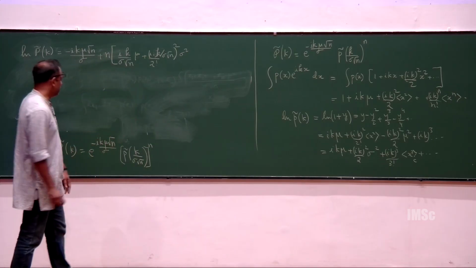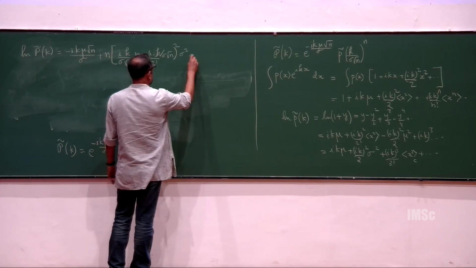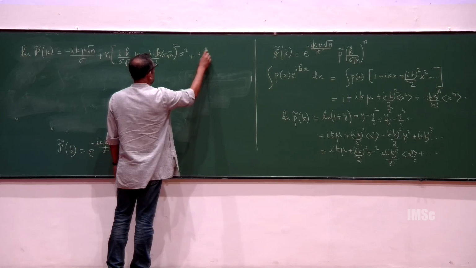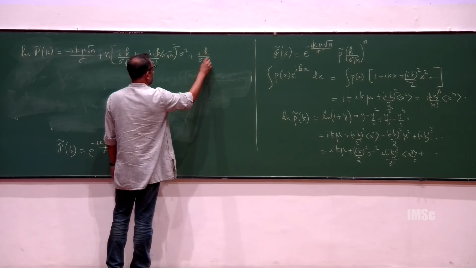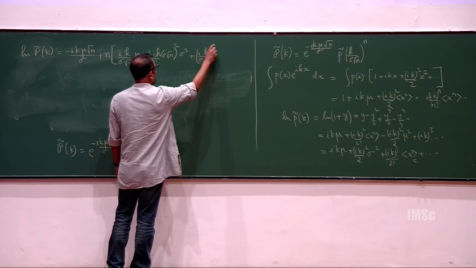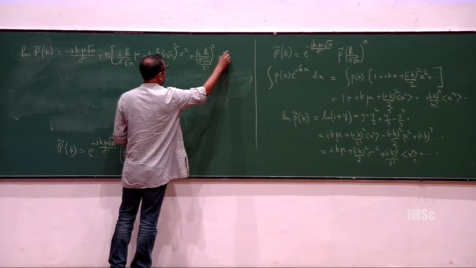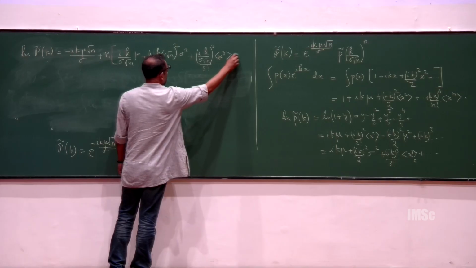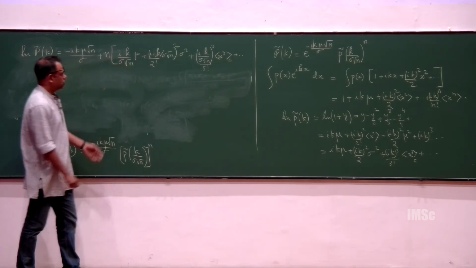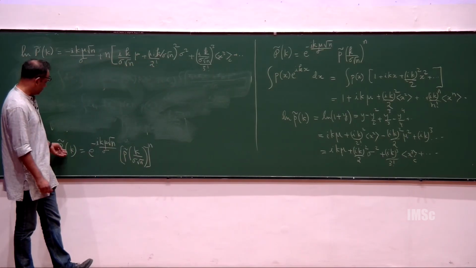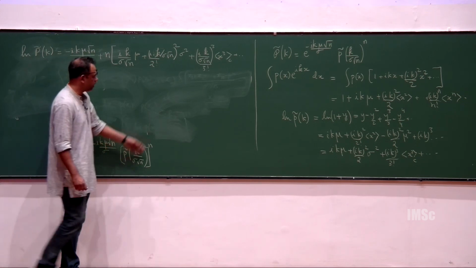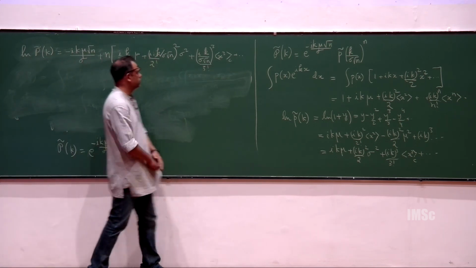Third is I k the whole cube plus x cube cumulant plus. So if I want to know the exact answer, the right answer for p tilde of k, I need to know all the cumulants.